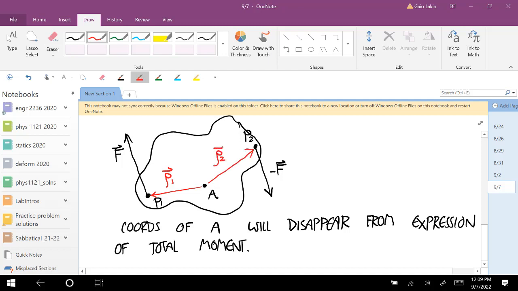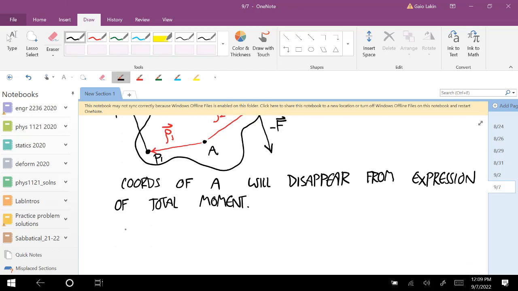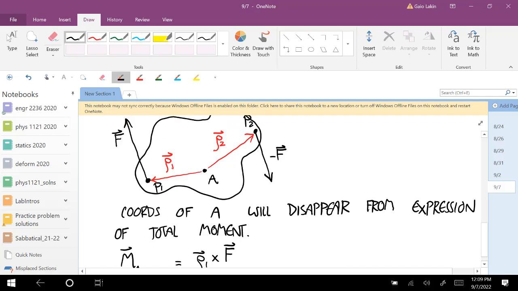Call that our rho 2. Okay, so that's just using the definition of the rho vector from last time. And the total moment around that about point A is rho 1 crossed with F. Okay, that's the definition of the moment of that force F around that about point A.